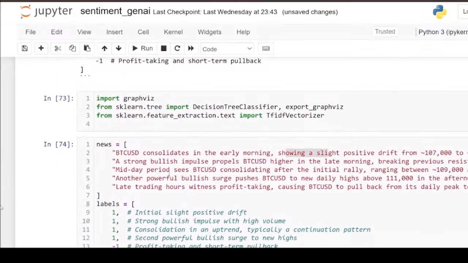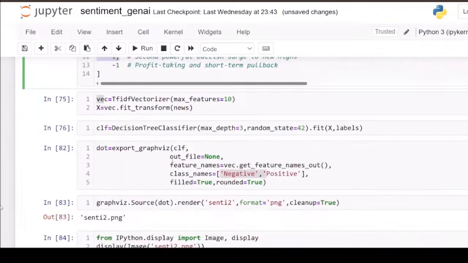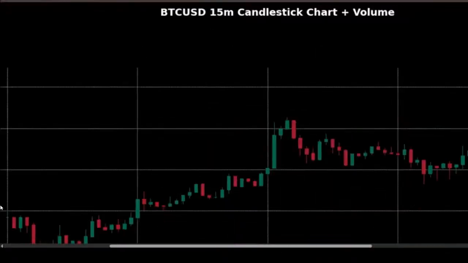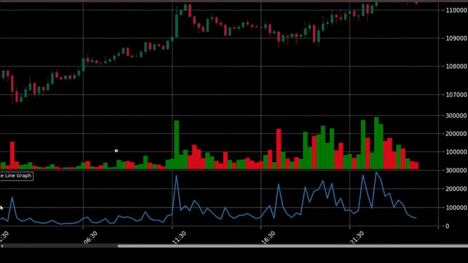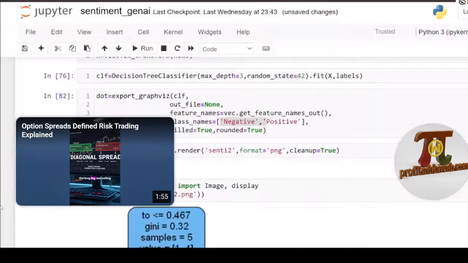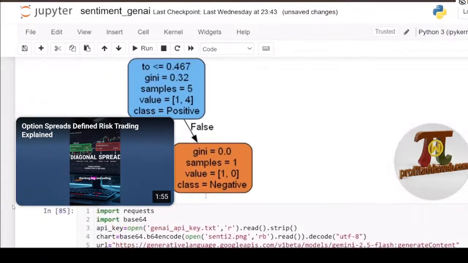The main results are positive and negative, mostly the negative at the last end, and the rest is positive, and even our chart is in a positive state itself. So we can say that our prediction is correct, and now the market is going in a positive direction and our sentiment is positive. That is how we can conclude.